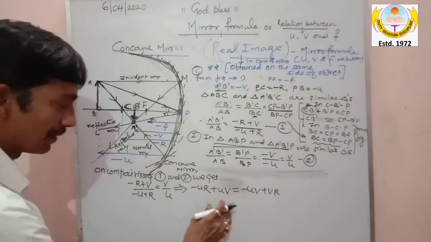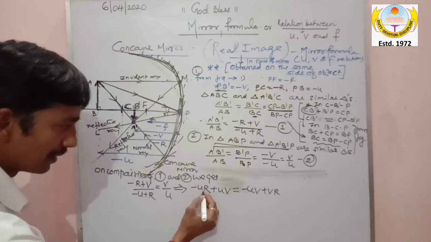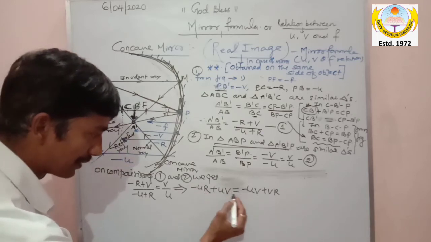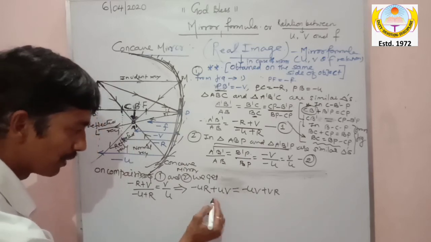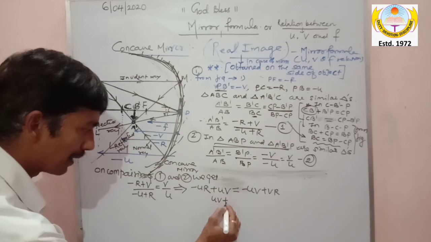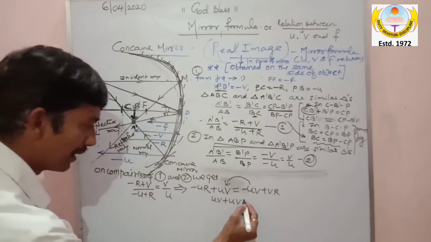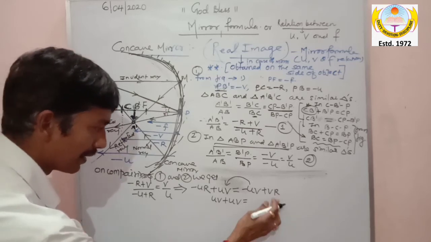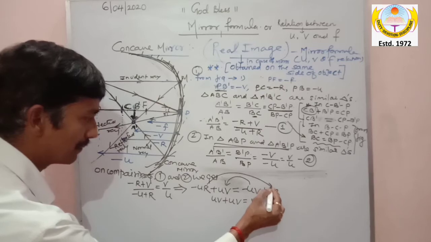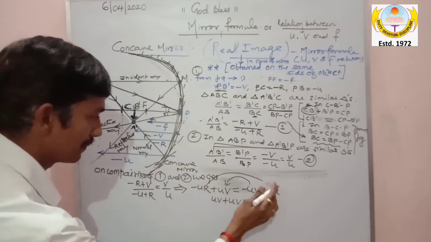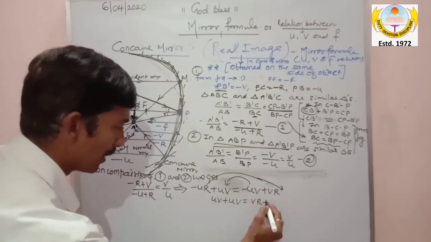What will this give me? You can see here is minus UV and here is UV. So this will be UV plus UV, this will come on this side, is equal to, here it is VR and this will go on this side, plus UR.